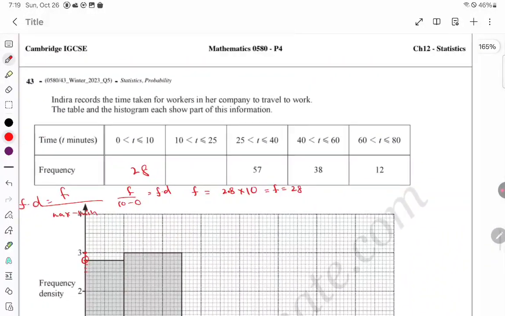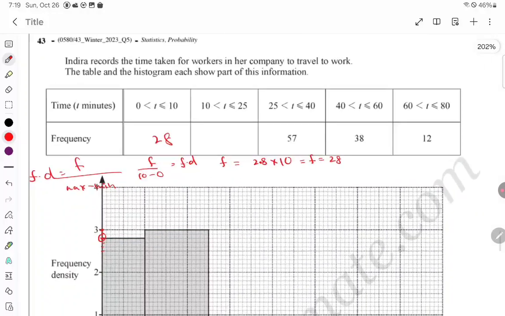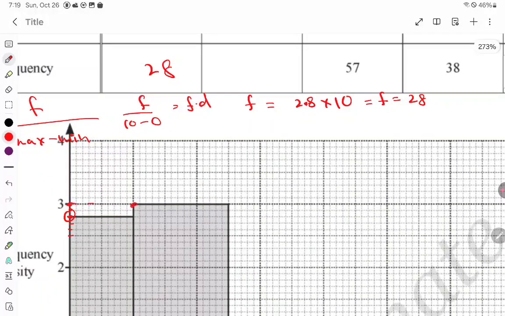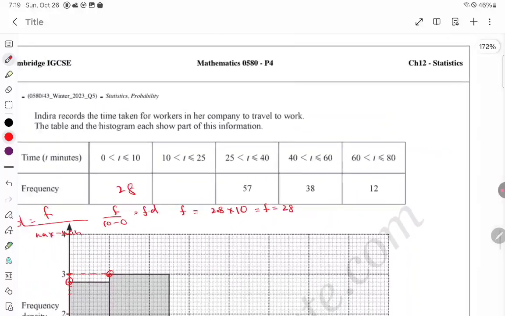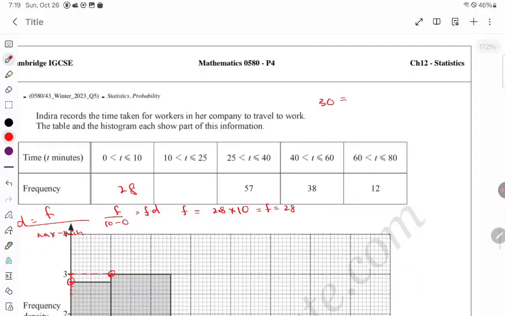For the second frequency, the frequency density is 3 for the second column. Frequency density is frequency over the maximum value minus the minimum value. We get 3 equals frequency over 15, so multiply both sides by 15.